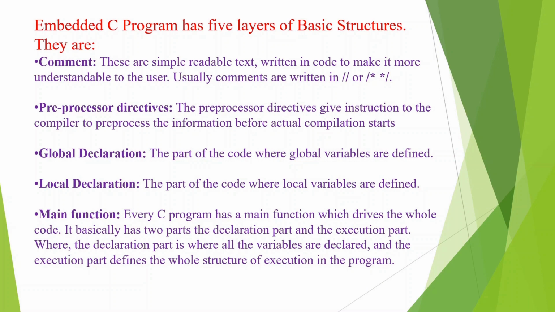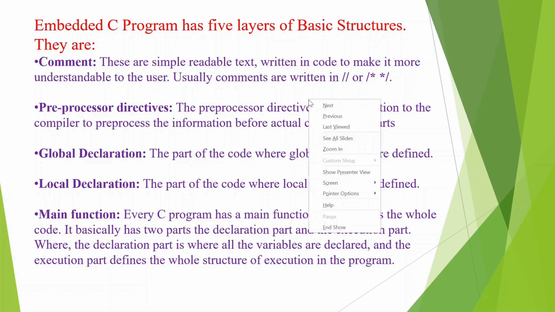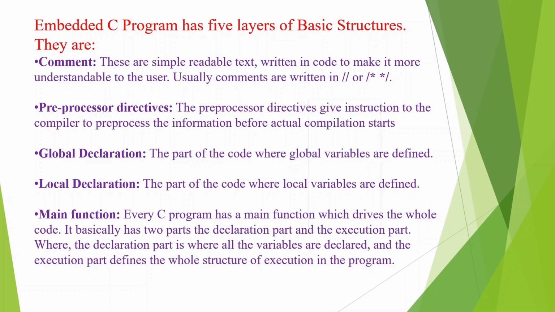An embedded C program has 5 layers of basic structure. First is comments. These are simple readable text written in the code to make it more understandable to the user. Preprocessor directives give instructions to the compiler to pre-process the information before actual compilation starts. Global declaration is the part of the code where global variables are defined.